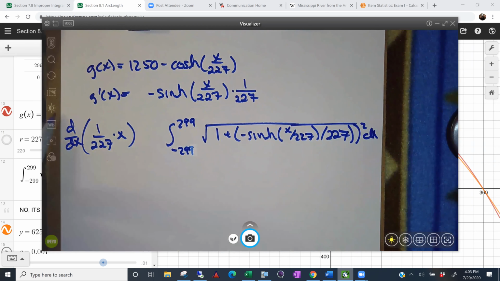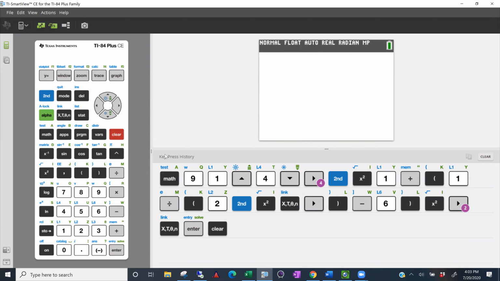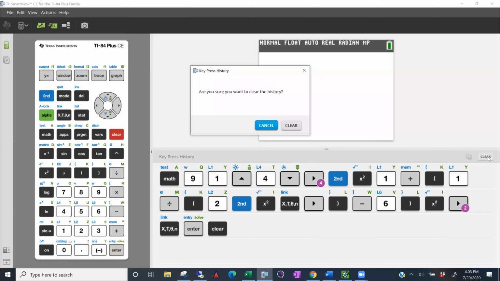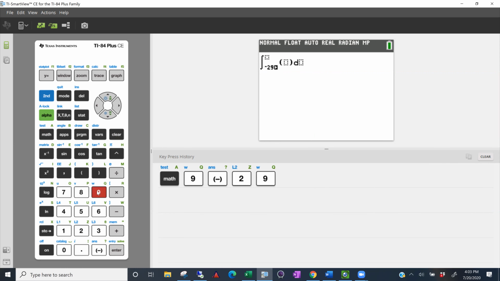So let's see if we can make our calculators do this one for us. All right, so let me clear this out. Then I'll clear this so we have a clean slate. So math 9, negative 299, up arrow to positive 299.